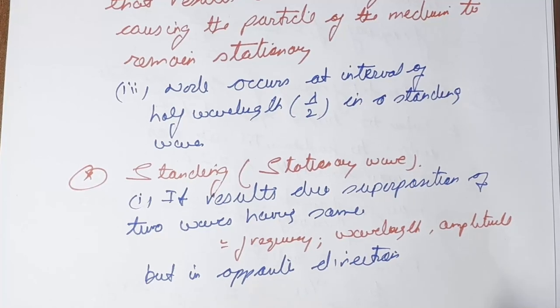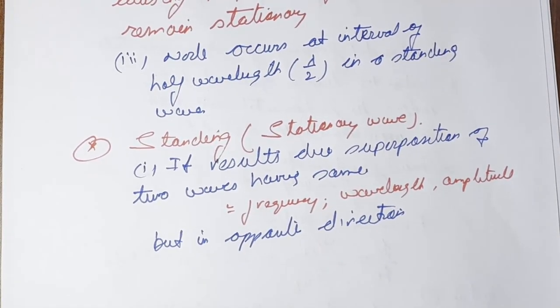When there is a minor difference between the frequency or wavelength, it results in beats. So for standing or stationary waves, the frequency, wavelength and amplitude should be the same, but these waves should be traveling in opposite directions.